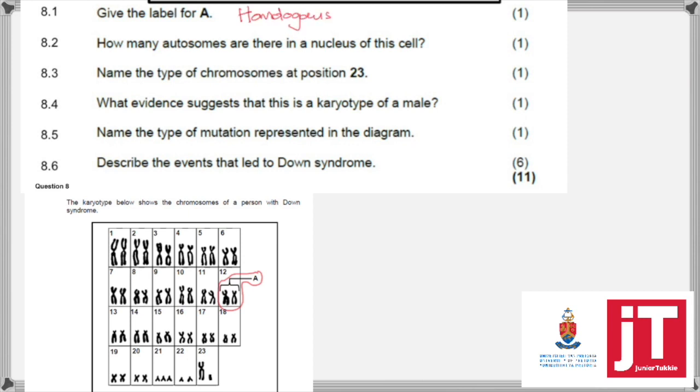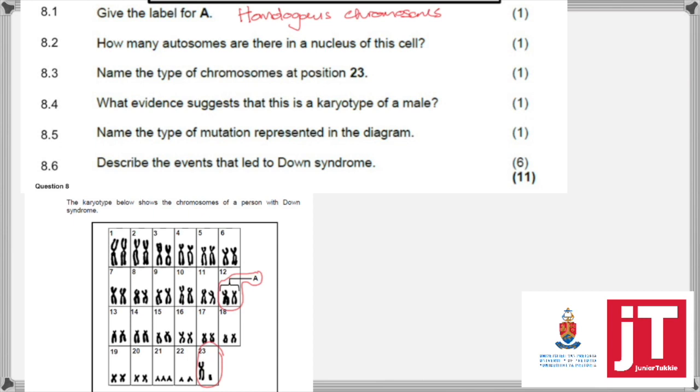If we're looking now at the next question: how many autosomes are there in the nucleus of this cell? We know that autosomes refer to the chromosomes that do not determine the sex of the offspring. We know that the 23rd pair are the chromosomes that refer to the sex. So how many autosomes would be a part of this karyotype? That would be our 45.